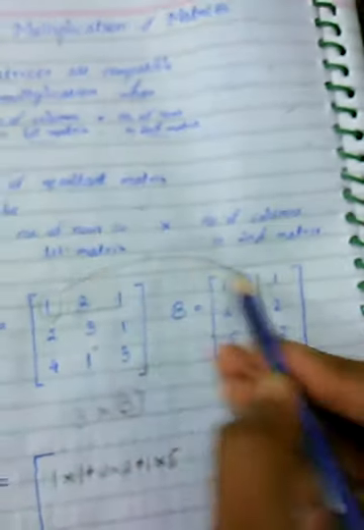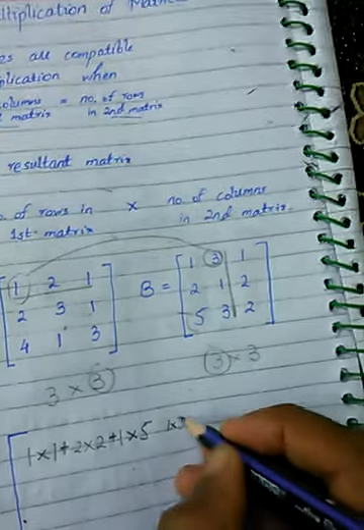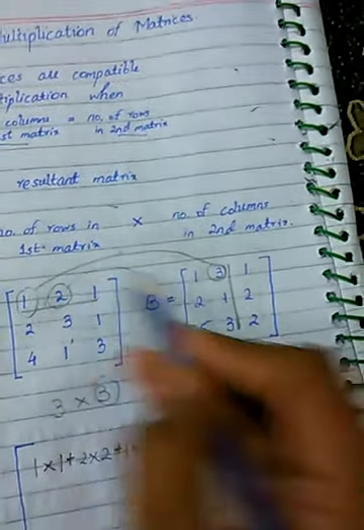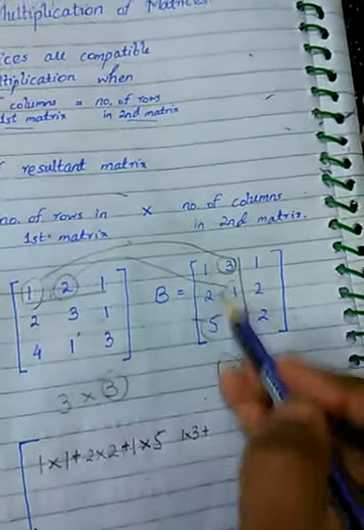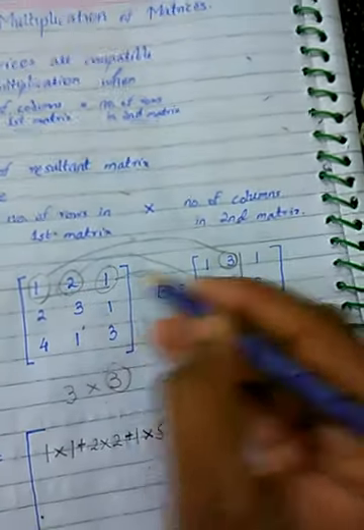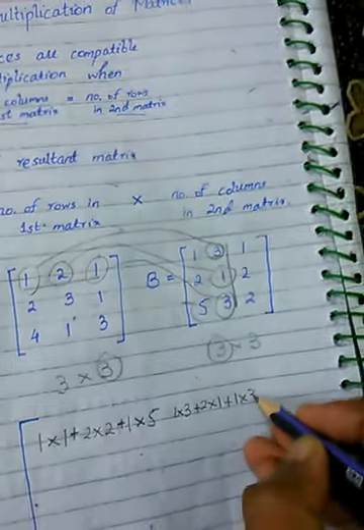The first element, 1, will get multiplied by the first element, which is 3. 1 multiplied by 3, plus 2, which is the second element, will get multiplied by the second element 1. 2 multiplied by 1. The third element will get multiplied by the third element. 1 multiplied by 3.